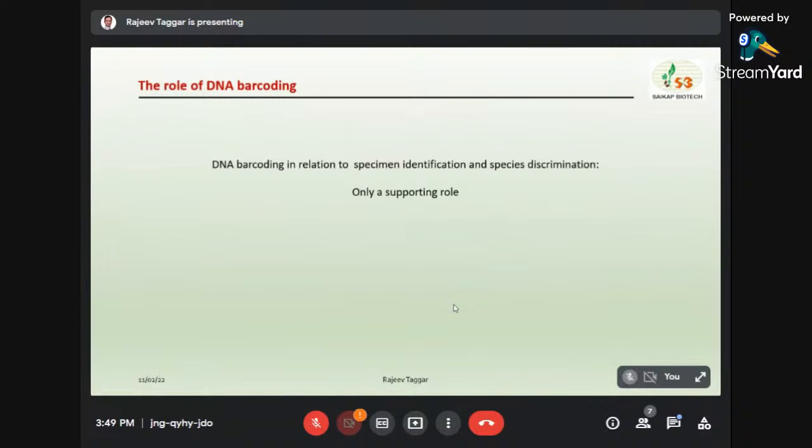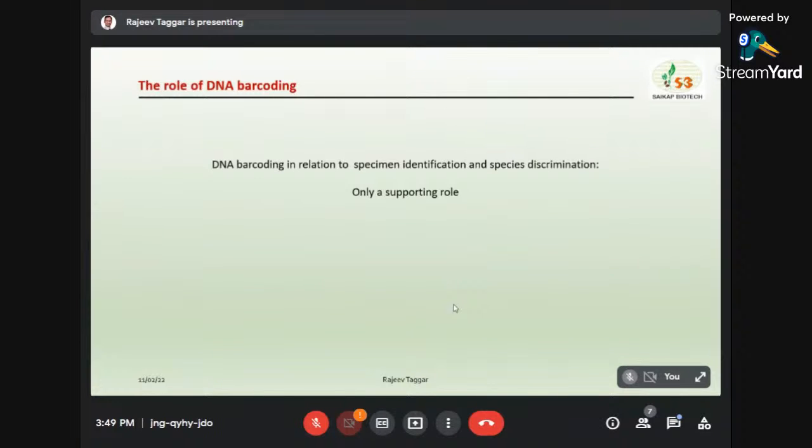Like I already talked about the taxonomists, people who have been identifying plants in the traditional way. They don't want to understand the molecular techniques. They will be scared. They won't discuss. When they come to know that the tiny tots, the 20-year-olds, can do better identification than us, it will be very difficult.